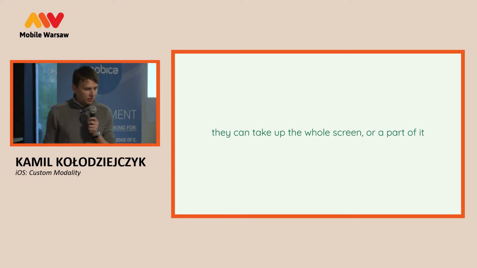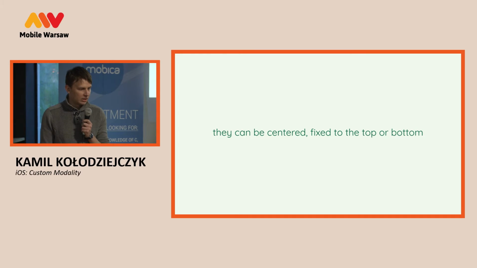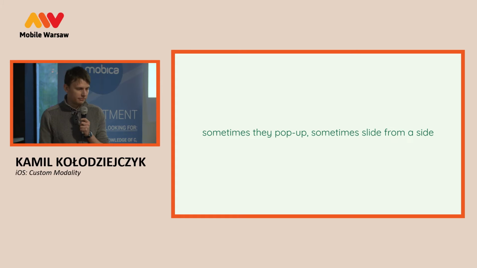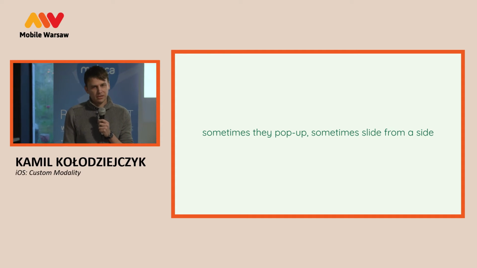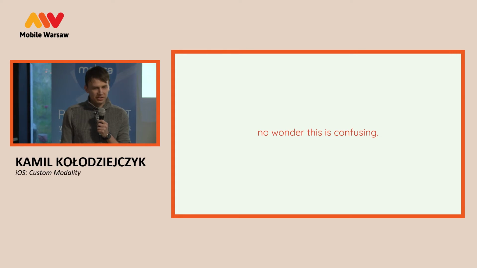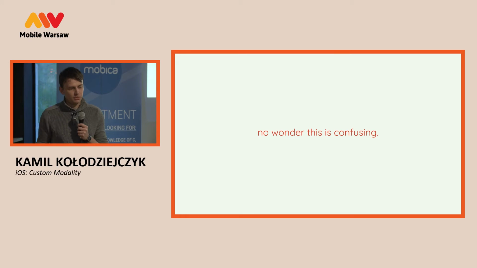But modals can take up the whole screen, or only a part of it. They can be centered or fixed to one of the sides of the screen. Modals can pop up, they can slide from the side. So no wonder this is confusing. We have so many possibilities out there that it's really hard to make the right call.